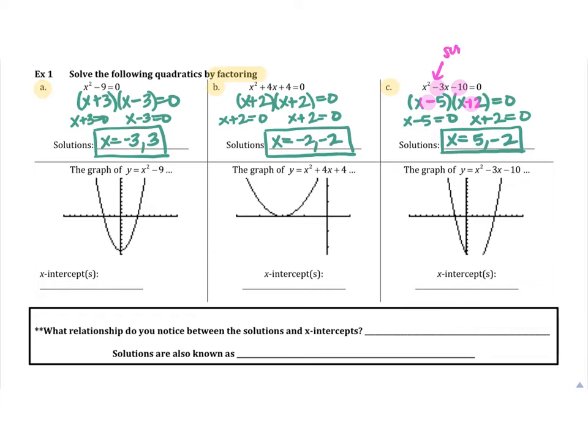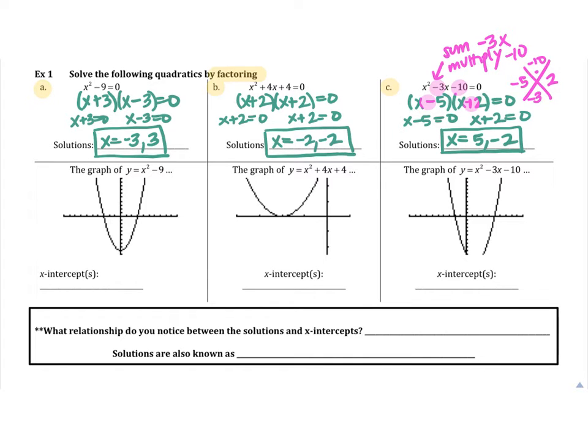We want to sum to -3x and multiply to -10. If we were using the diamond math method, multiplying to -10 and summing to -3, that's why I'd have a -5 and 2 as my 2 factors. So if you're finding that your answers are ending up opposite of the correct answer, that's probably what's happening.